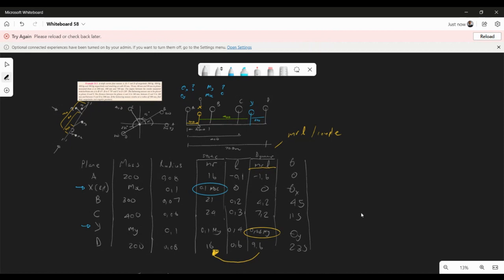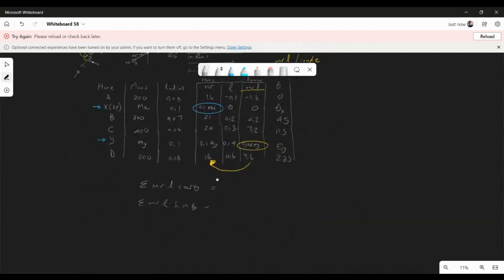So MRLs. Okay, first things first, our first MRL is minus 1.6 cos at 0 degrees. That's our first one. Then I want us to do our second one. I'll explain how it works.